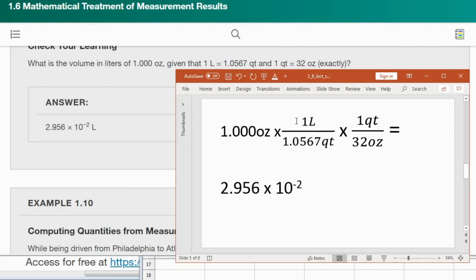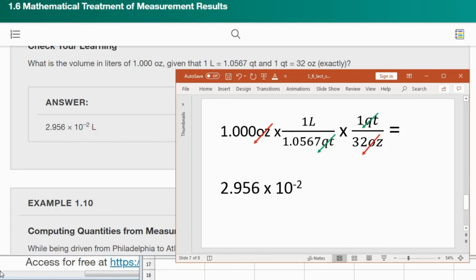But I took the conversion factors here and just multiplied them together. There are some subtleties to this that are worth looking at. So the ounces will cancel like that, and then the quarts will cancel like that.